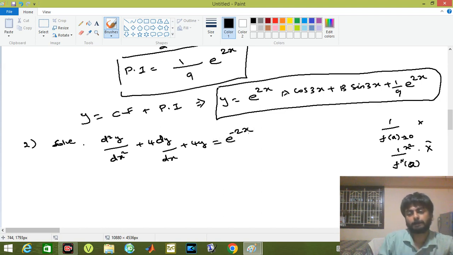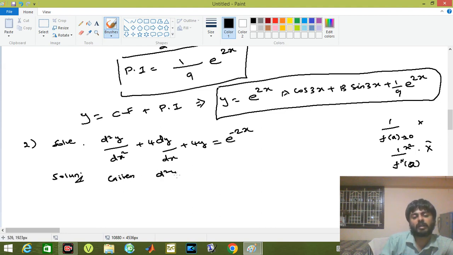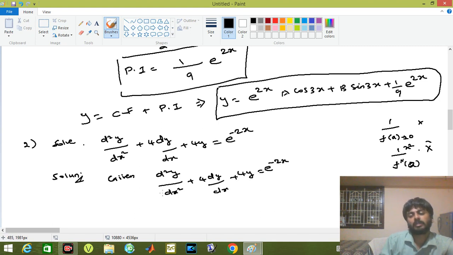So solution, when you are very thorough, you can write directly. Given d square y by dx square plus 4 dy by dx plus 4y equal to e power minus 2x.